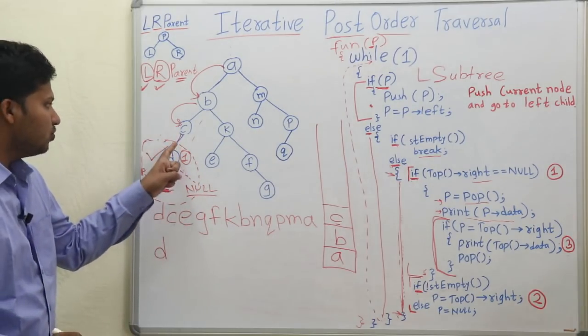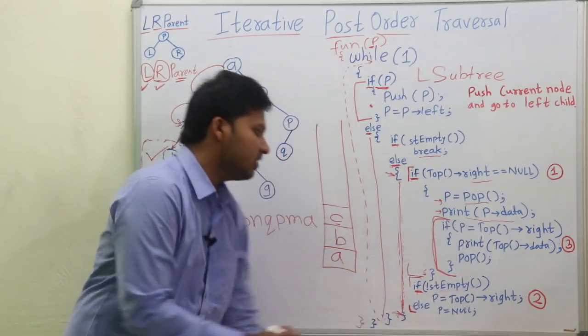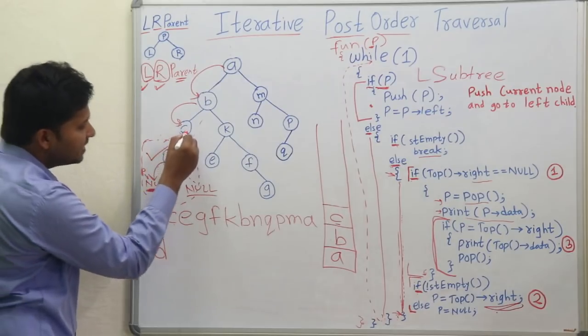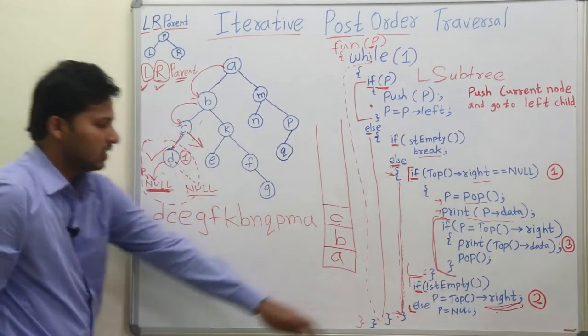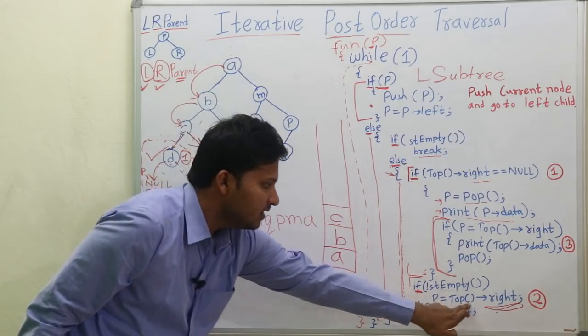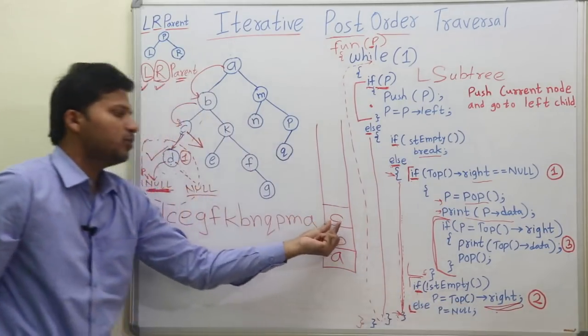Now you have to go for the right subtree of that node. That is why we are writing here: now P will point to the right subtree of the top node.